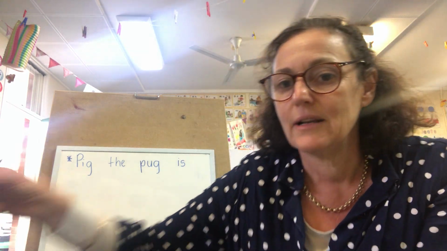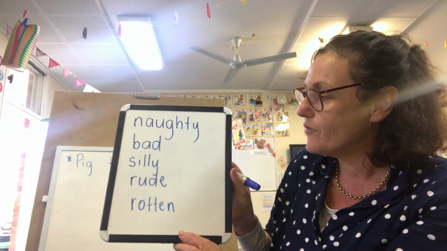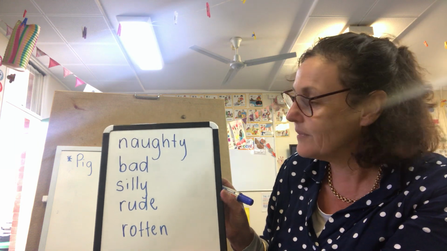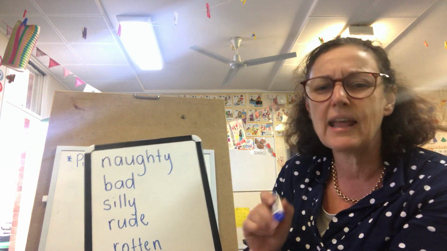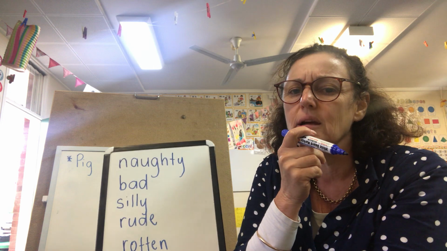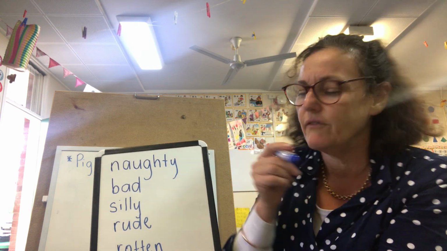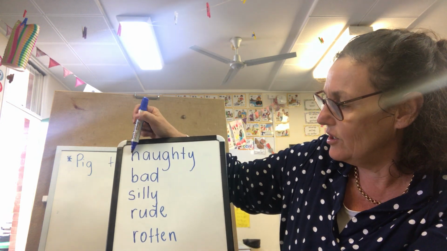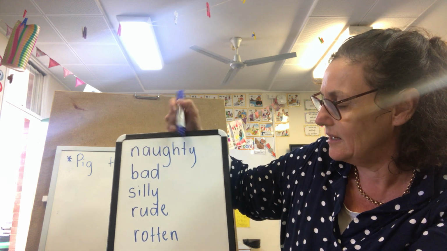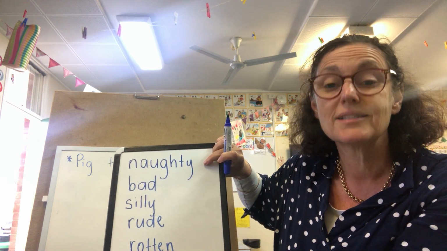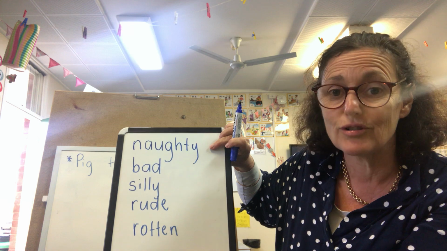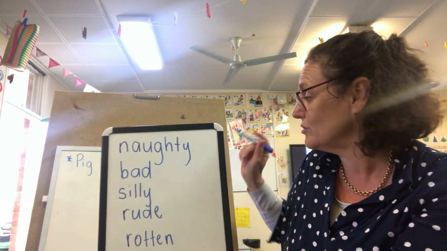Now, if we have a little look at this list here, I've got to find the word that's naughty. And I go along here. Now, what can I hear at the beginning of naughty? N. N for naughty. And I look here, naughty. And I know this top word says naughty. So I can use the word at the top for naughty.